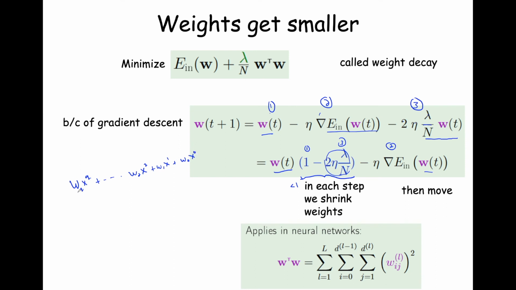If your W's tend to be smaller, your weight vectors tend to be smaller, and you get smoother solutions, because these exponentiated terms, these monomials in your polynomial, will have less effect, and you end up not moving and bending and folding quite as rapidly. That results in smoother solutions, which is exactly how regularization constrains your models.